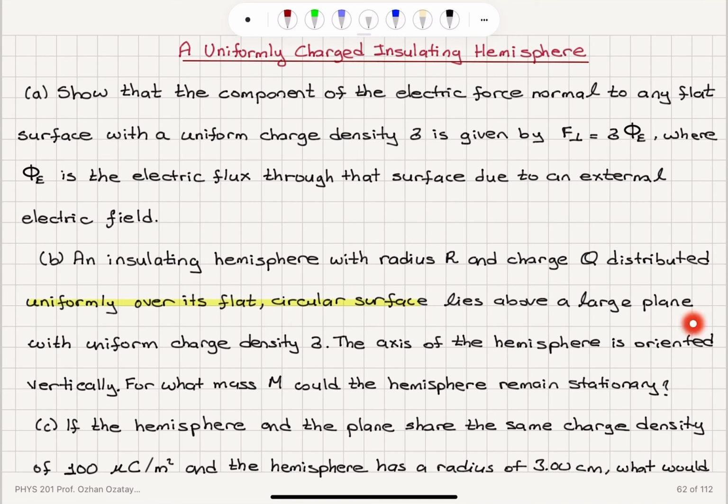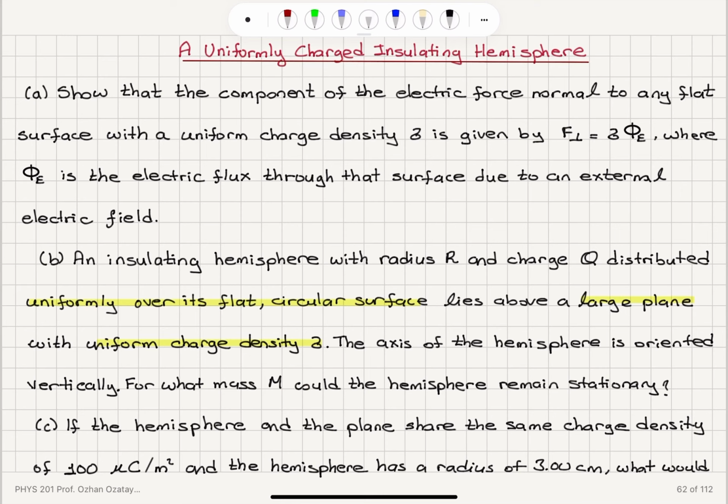Lies above a large plane. So we have a large plane, which means we're going to treat it as infinite, with uniform charge density sigma. The axis of the hemisphere is oriented vertically. Okay? For what mass, capital M, could the hemisphere remain stationary?